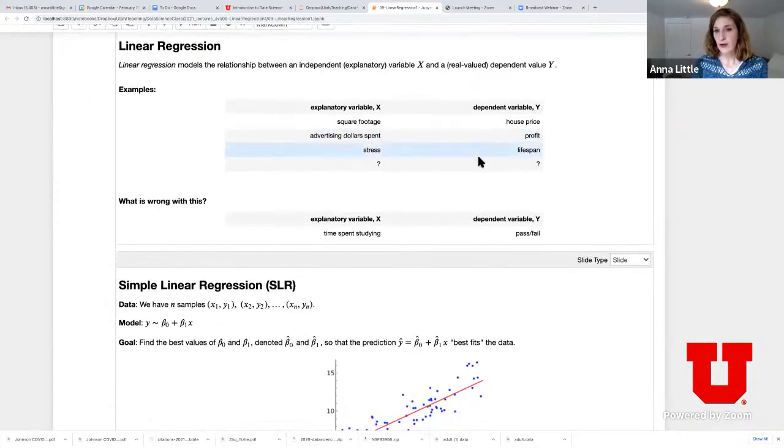So for example, if you're thinking about the relationship between time spent studying and whether you pass or fail a course, there's a clear relationship there, but this is not a quantitative response variable. This is a categorical variable. You fail, you don't. So there are methods for doing those predictions, but that's not what we're talking about today. We will discuss that later in the course.